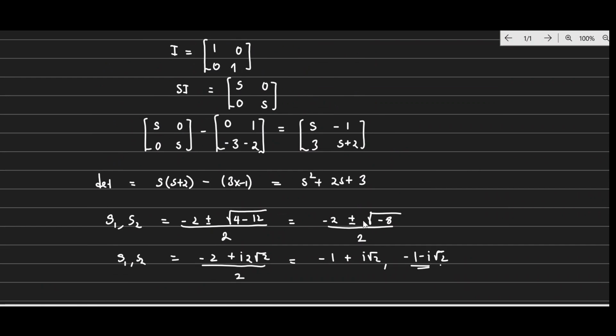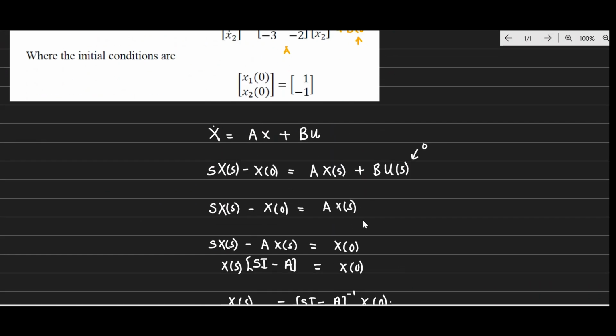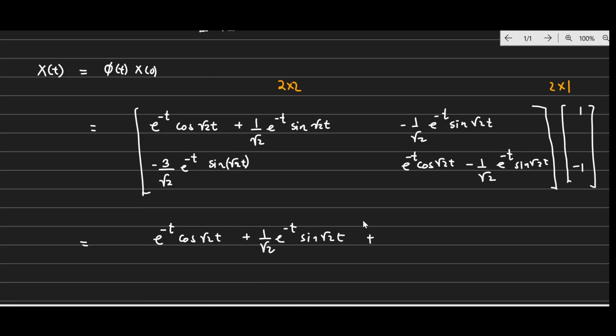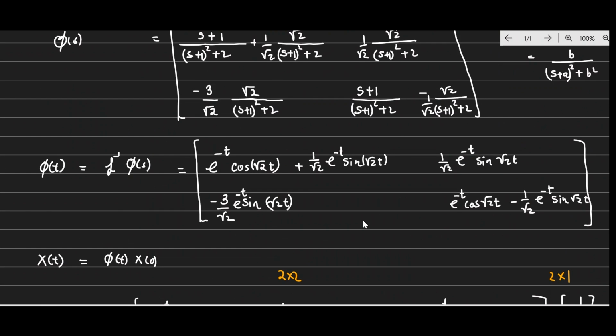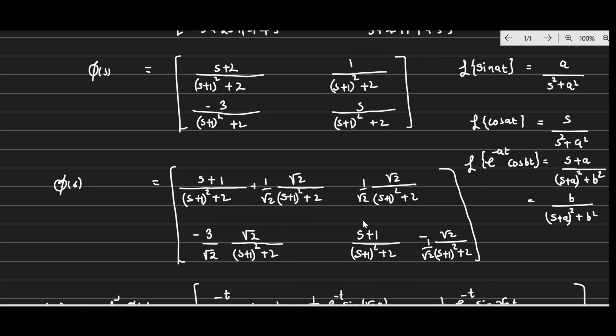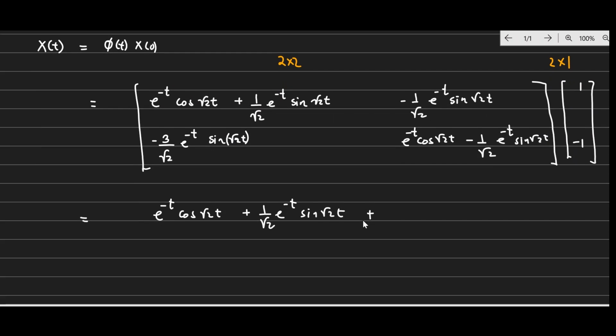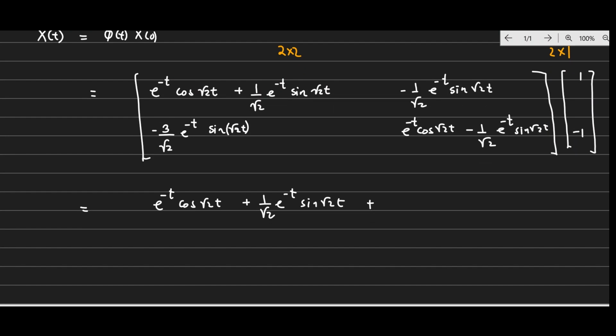What are the initial conditions, by the way? Okay, sorry, how did this negative 1 come about? This negative 1, I think I missed. Yeah, this negative 1 is on there. So this should be minus 1 over root 2 e to the power negative t sine root 2t. So that's the first row.